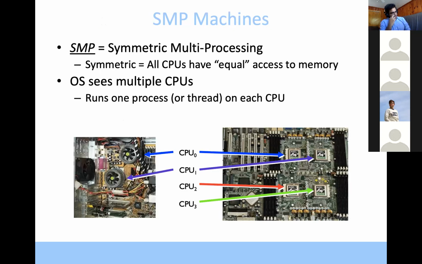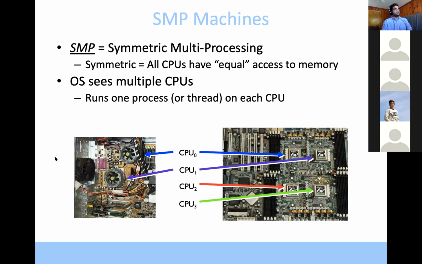The first way of building this kind of machine, if you wanted to run multiple processes at the same time, had existed for a while before we moved to multi-core. It was to build a computer that had multiple physical processors in it.